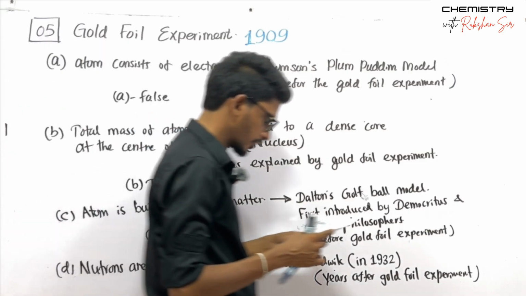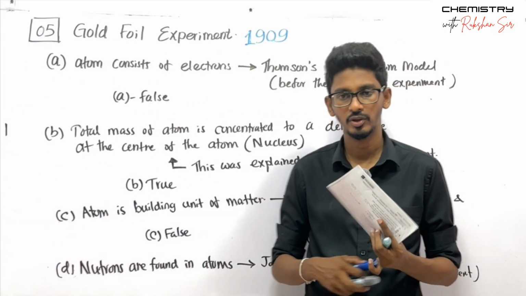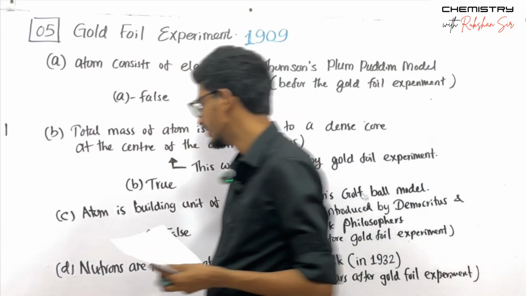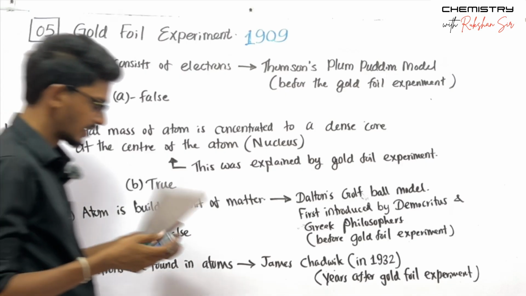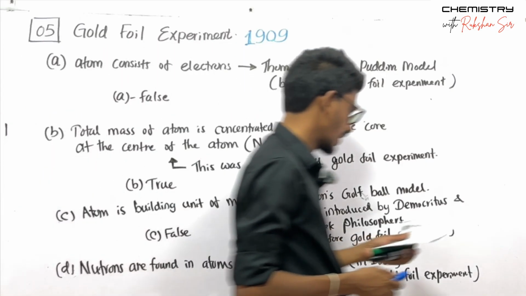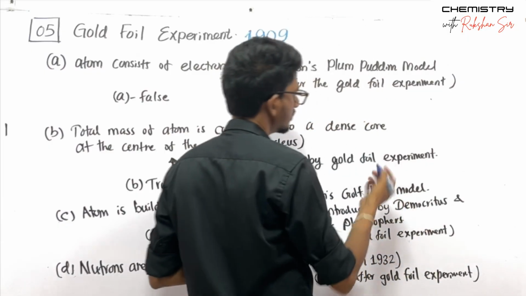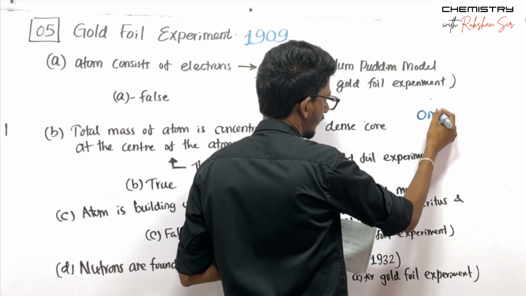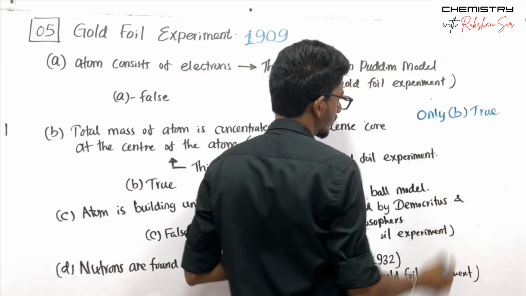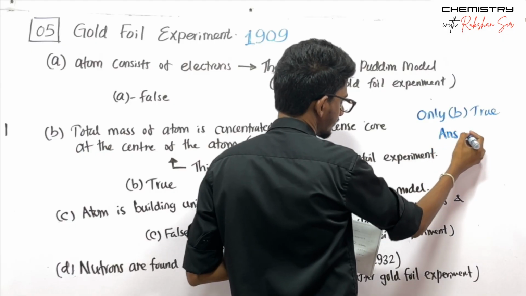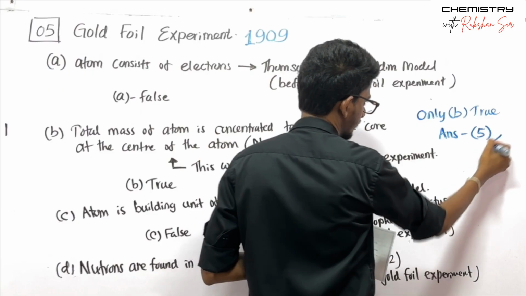So that is also not an explanation by the gold foil experiment. So only B is true. Only B is true means the answer should be answer number 5.